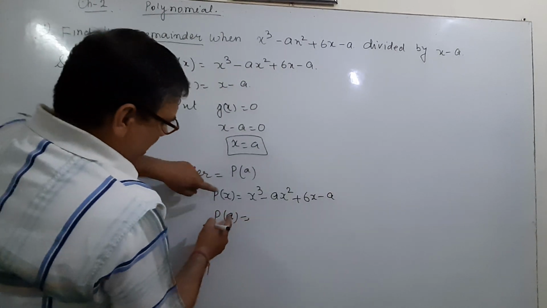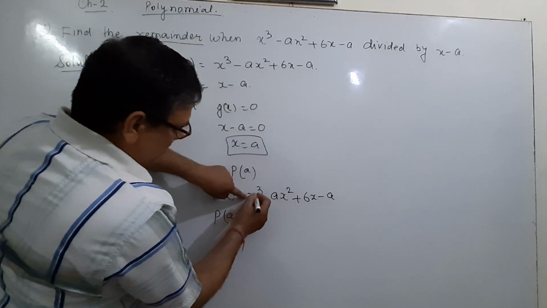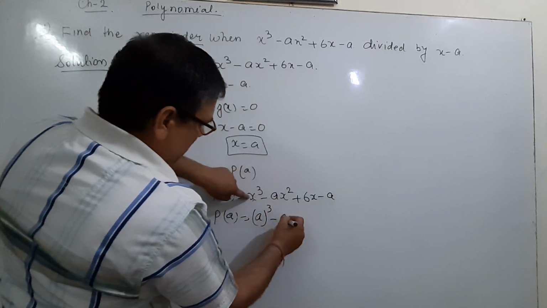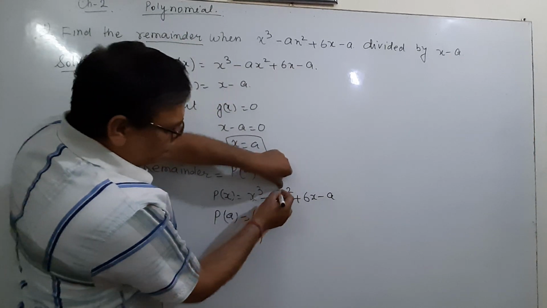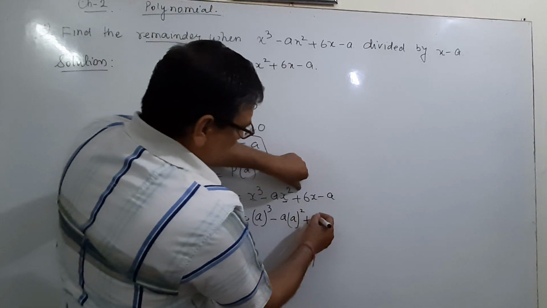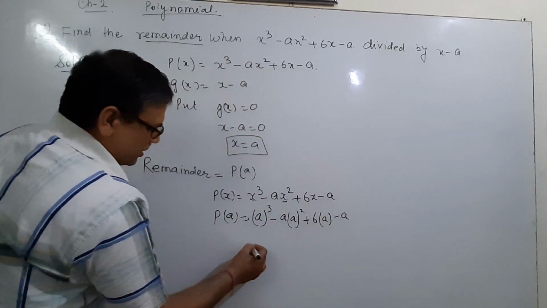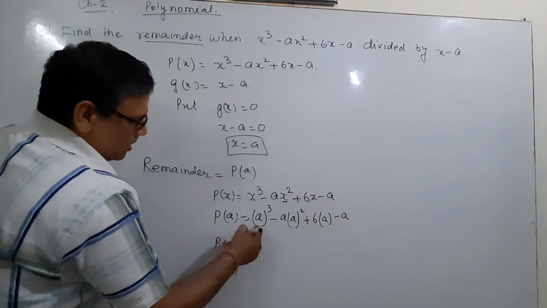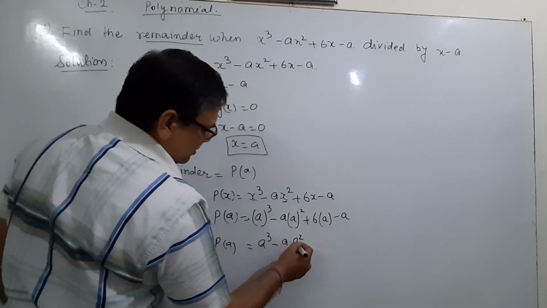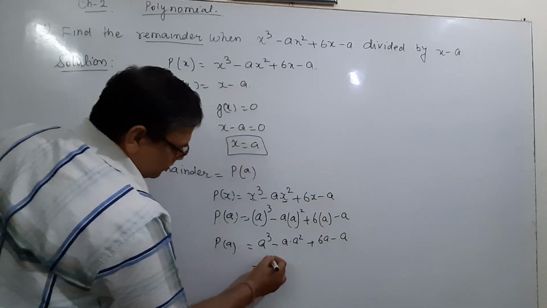Here x, we put a power 3, minus a times a whole square, and now plus 6 times a, minus a. So p(a), the remainder, is a cube minus a into a square plus 6a minus a.